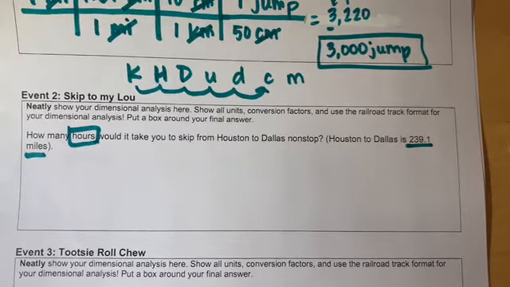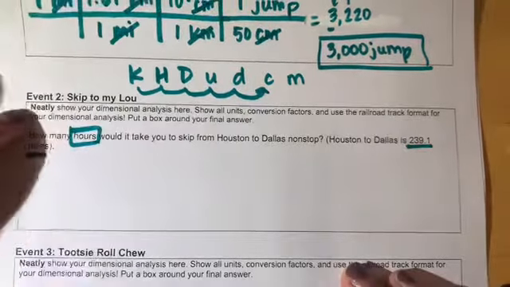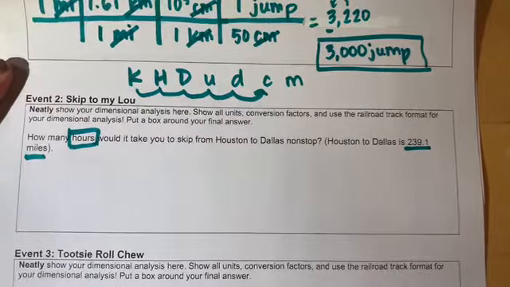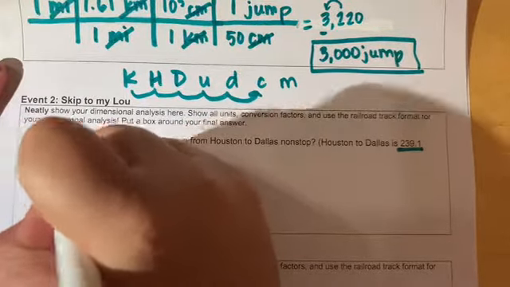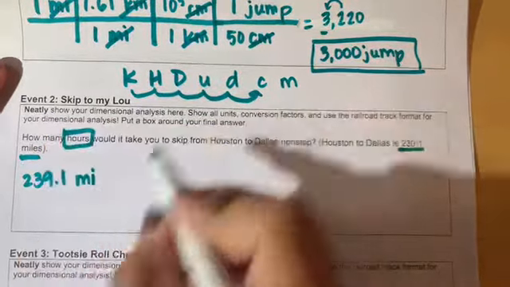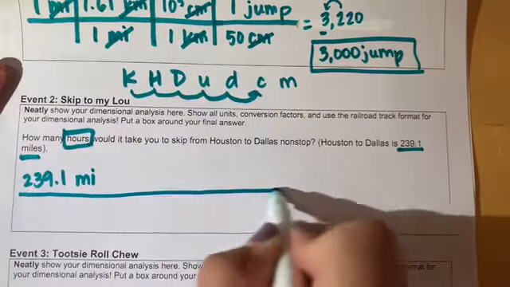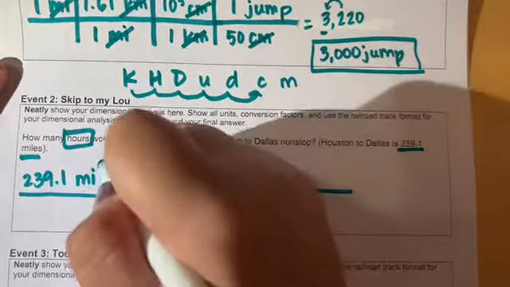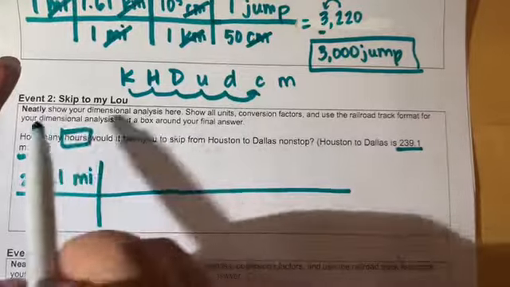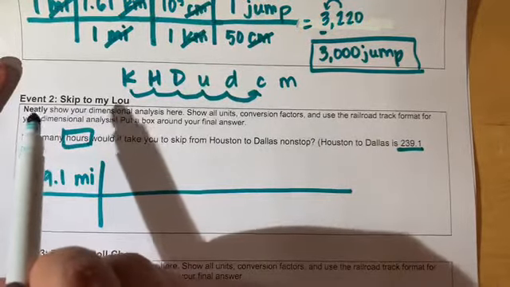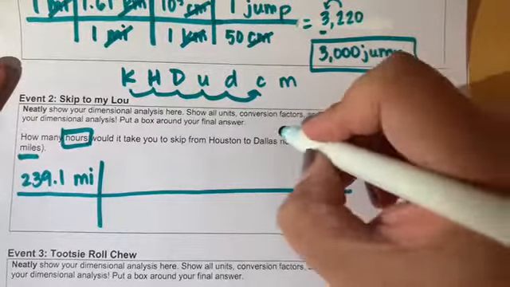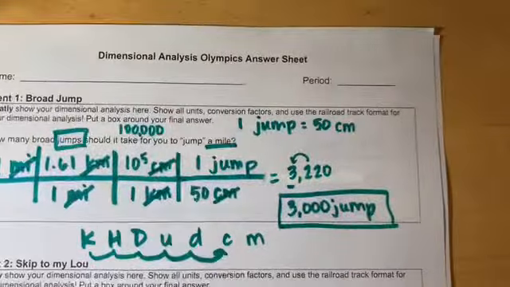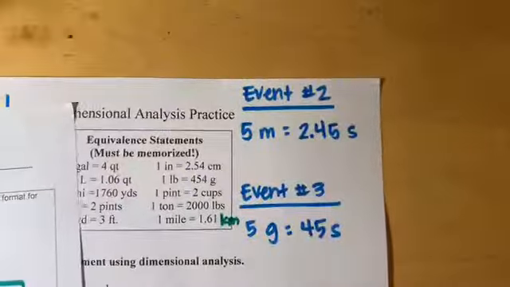239.1 miles. Of course, let's go ahead and start our dimensional analysis setup by starting with our given, 239.1 miles. Now I'm going to need some conversion factors. If you look at your data from event number 2, I don't have my data sheet, so I'm just going to use this.